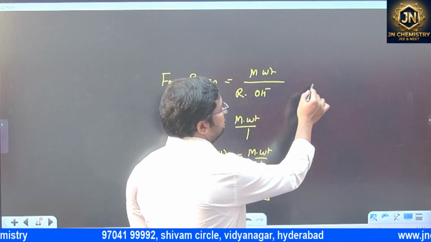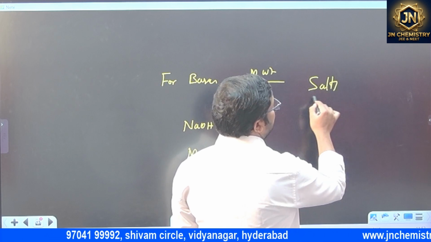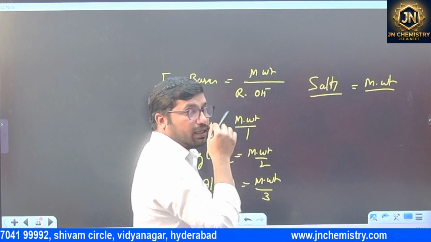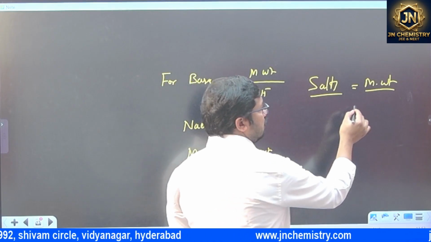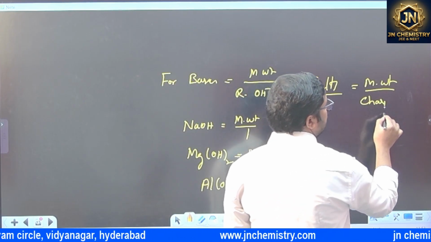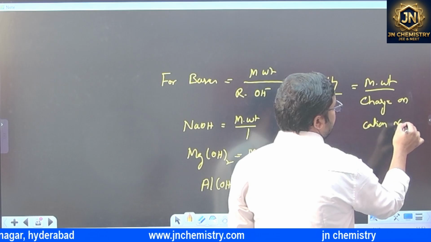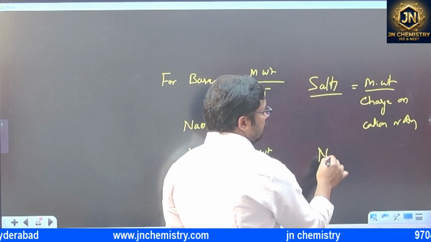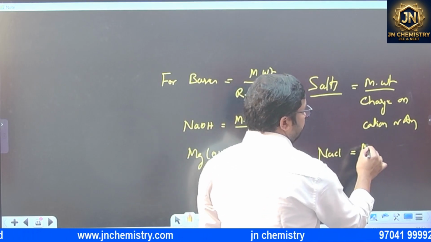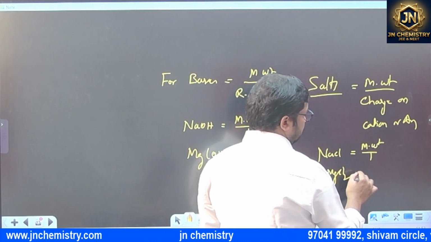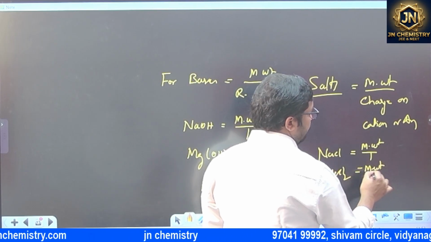For salts, molecular weight by the charge on the cation or anion. NaCl, molecular weight by 1. MgCl2, by 2.